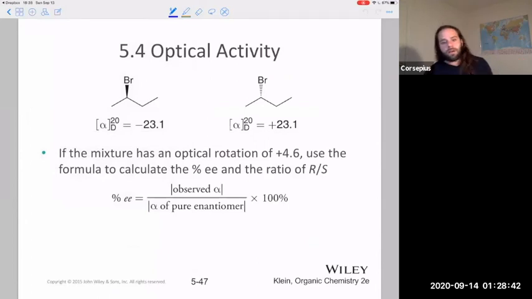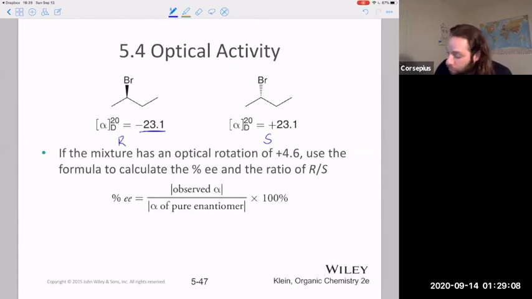All right, so now let's do an example where we have some sort of a mixture and we've stuck it into our polarimeter and seen that it rotates light, but just not to the full extent, right? So here we have a mixture. Again, this is my R isomer, this is my S isomer. If I had my pure R, it would rotate light negative 23.1 degrees.